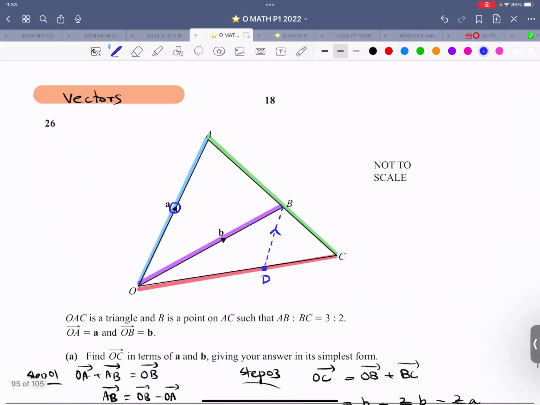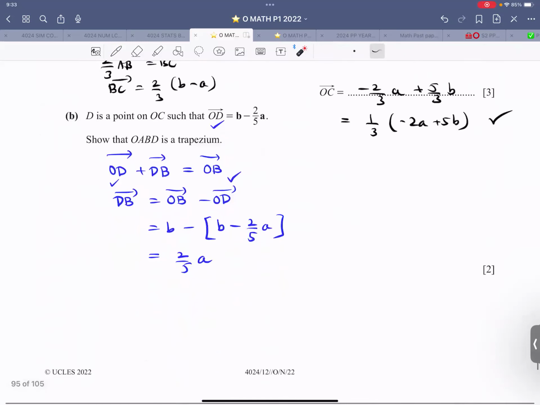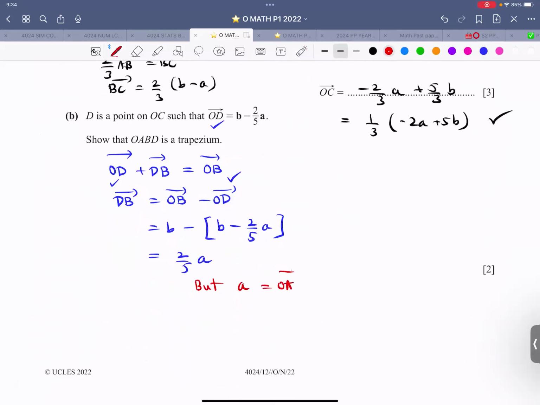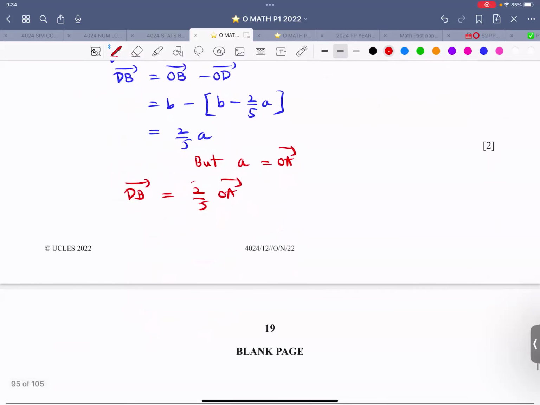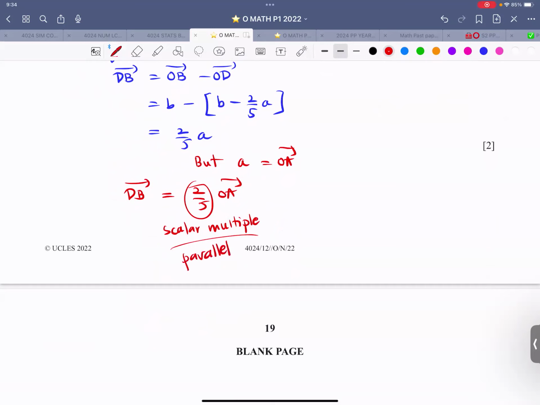But isn't A OA? Yes, A is OA. So let me write over here. But A is basically OA. So I have proven that DB is 2/5 of OA. In other words, DB is a scalar multiple of OA, and that is what is required for parallel.